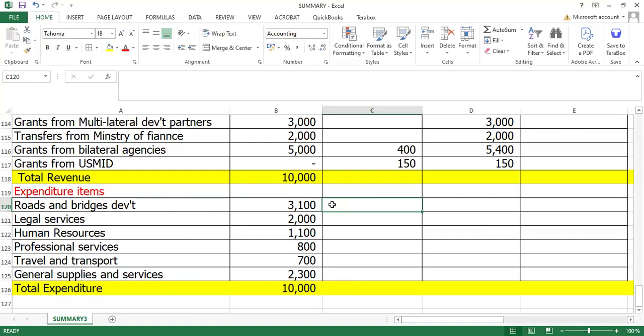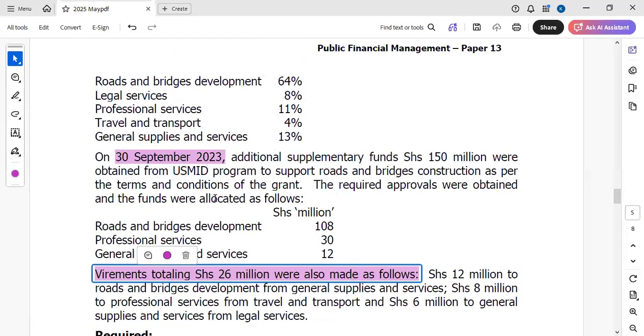Now the adjustments, you really need to pay attention and even do the workings where necessary, because the examiner may not know where the figures are coming from. We have a lot of things in our case study.